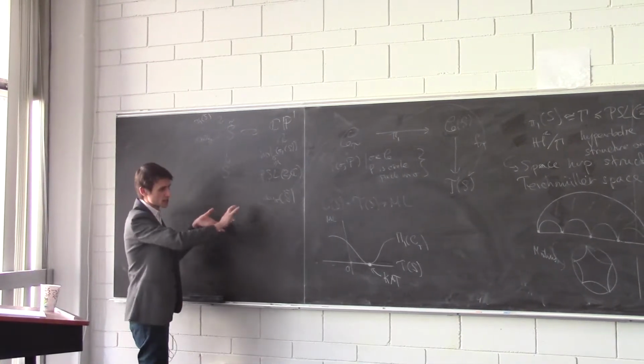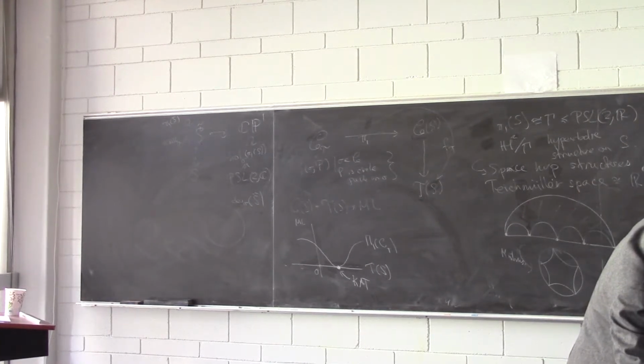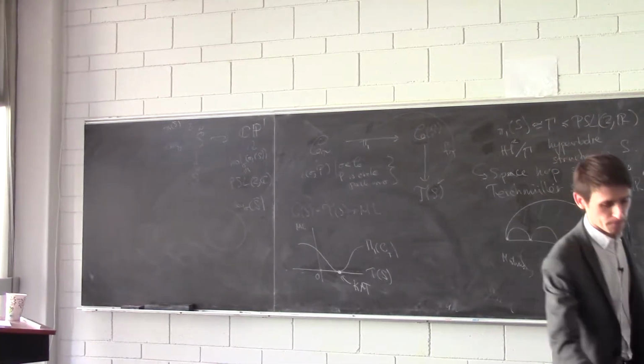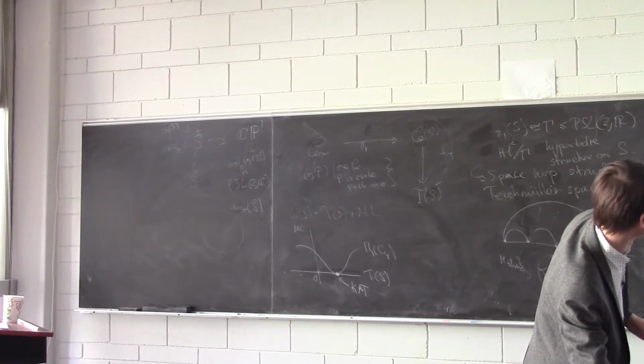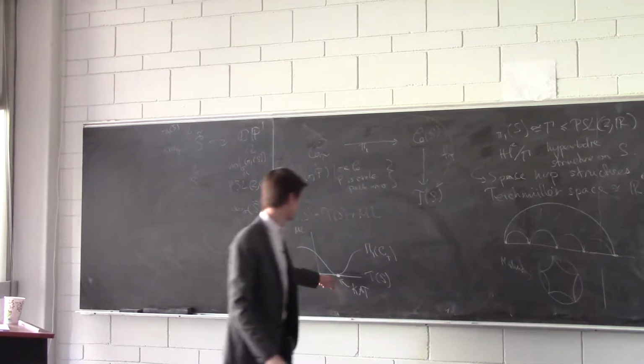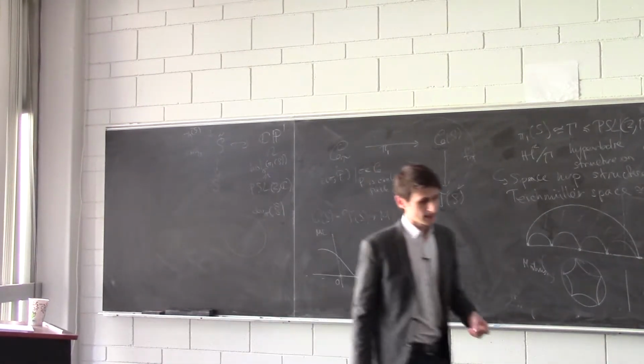Then it starts getting a little crazy and looks like that squiggly thing that I showed you. There's a unique point where the image of the developing map is a round circle, and that's the hyperbolic point. There's always going to be one of these.